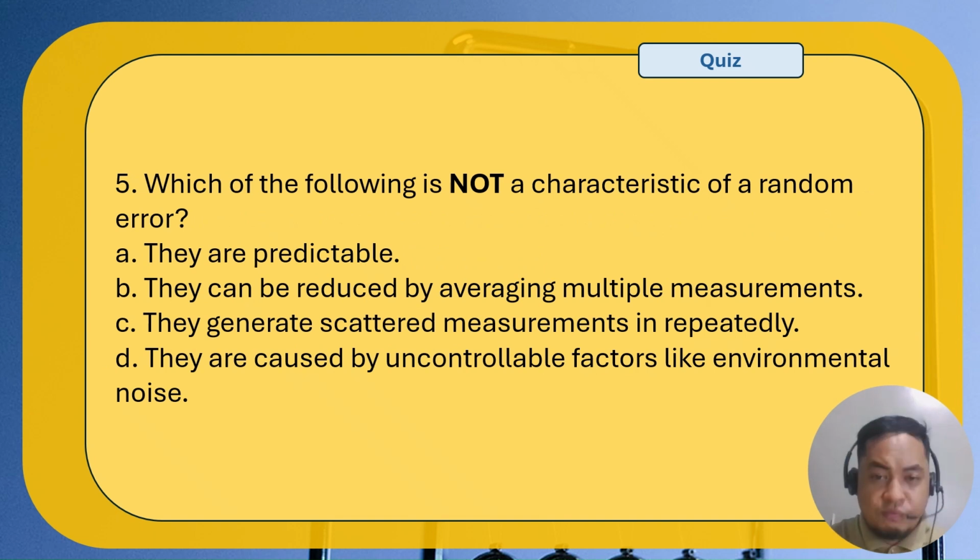The fifth one, which of the following is not a characteristic of a random error? They are predictable. We're talking about random error. They are predictable? No, we cannot predict the weather changes or the condition of our hands or the angle of our observation.